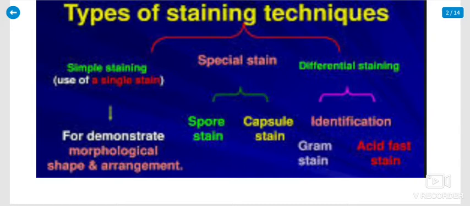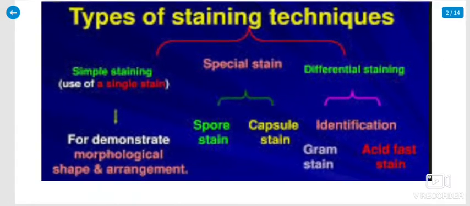In between, there are also special staining techniques, which are of two types: spore staining and capsule staining. So these are the basic staining techniques in microbial species.